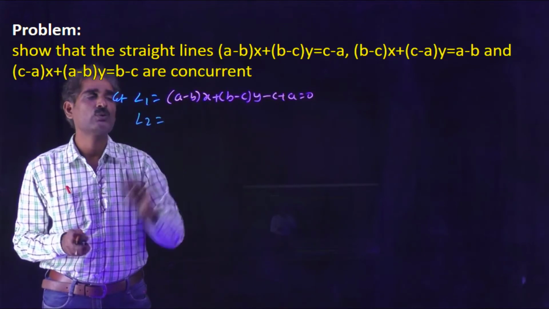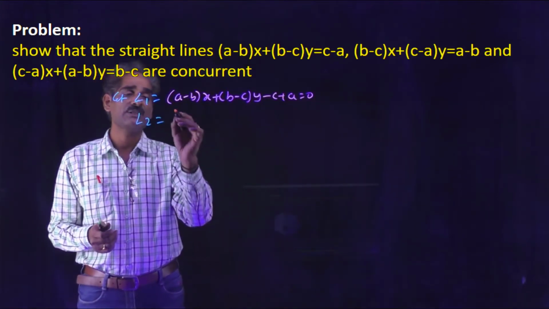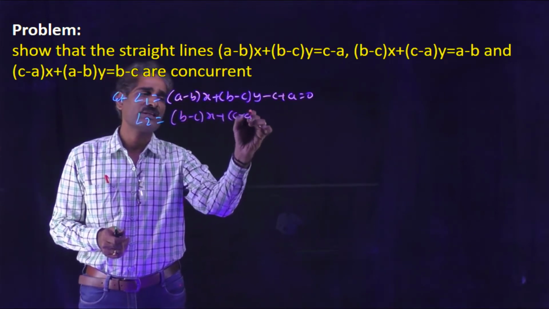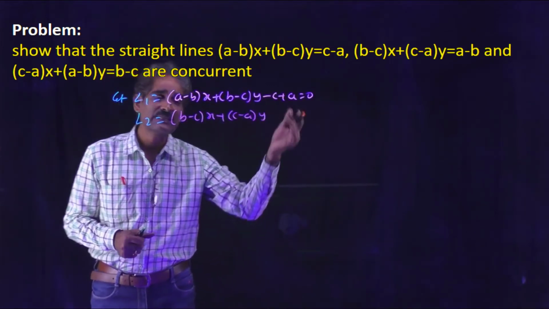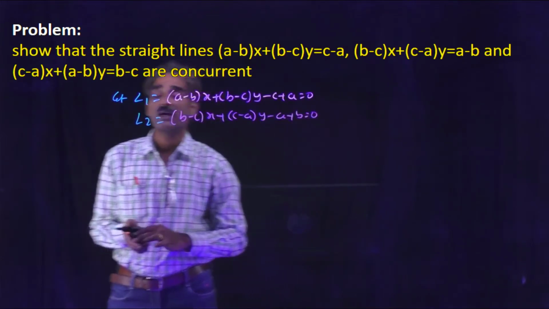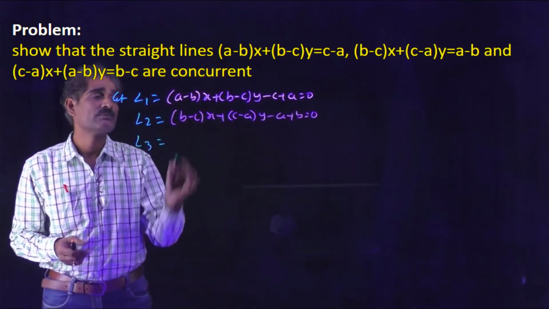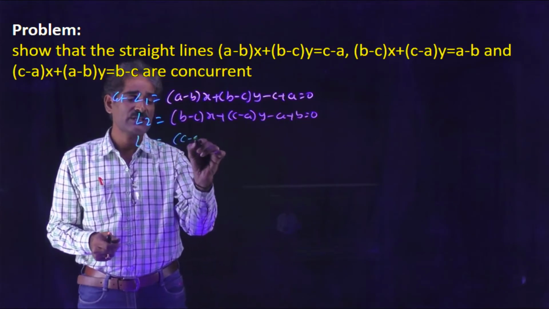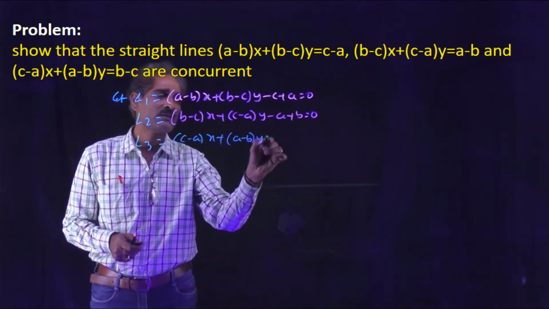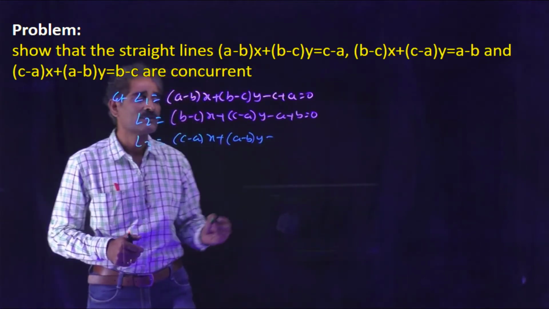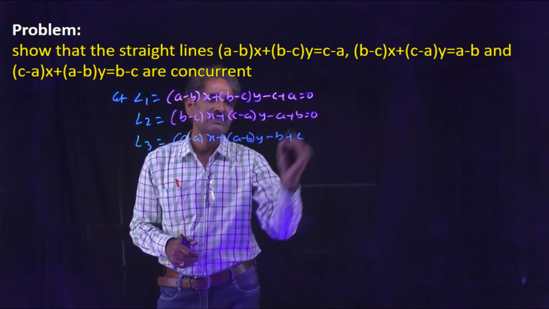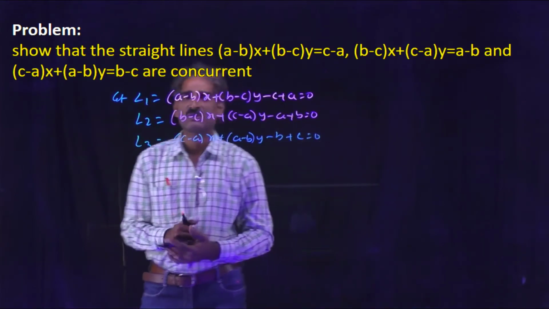L2 is b minus c into x plus c minus a into y is equal to a minus b, that means minus a plus b equals 0. And what about the third one? c minus a into x plus a minus b into y minus of minus b plus c is equal to 0. These are the 3 lines.